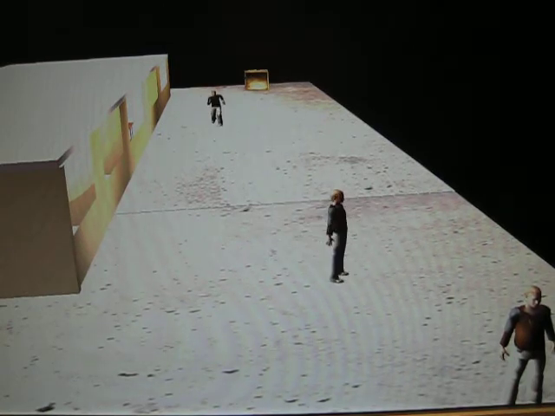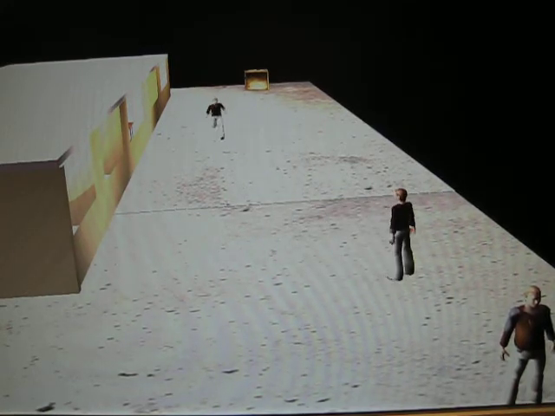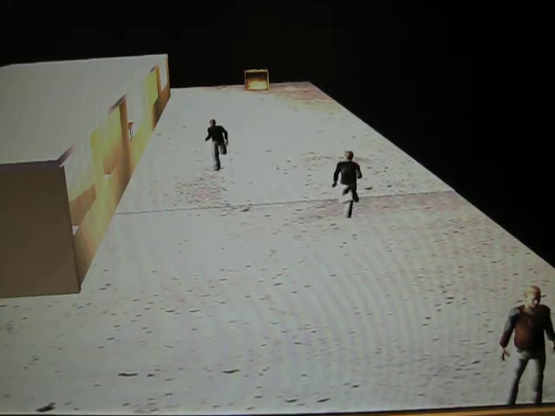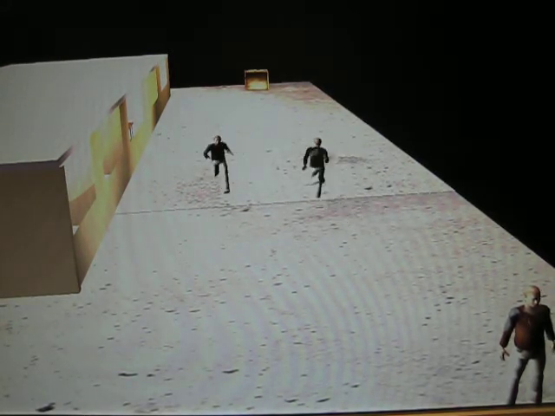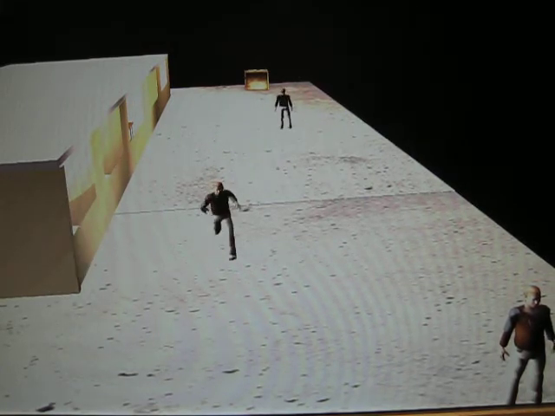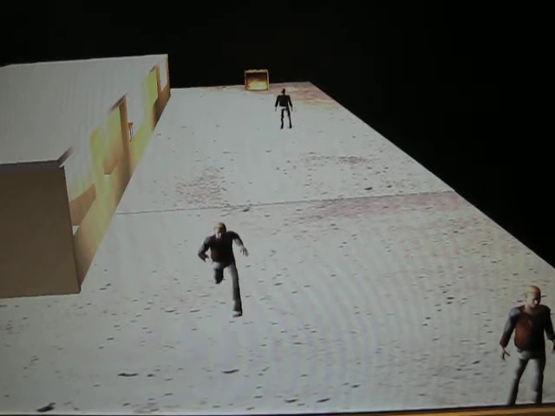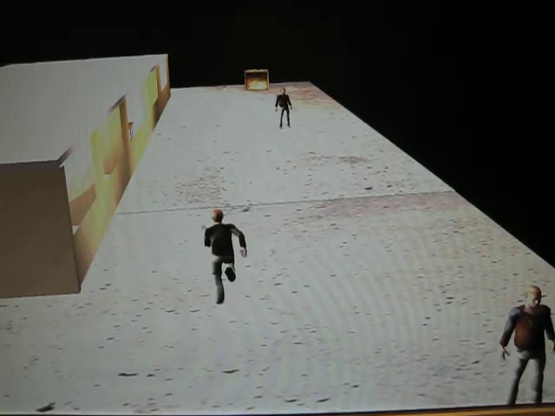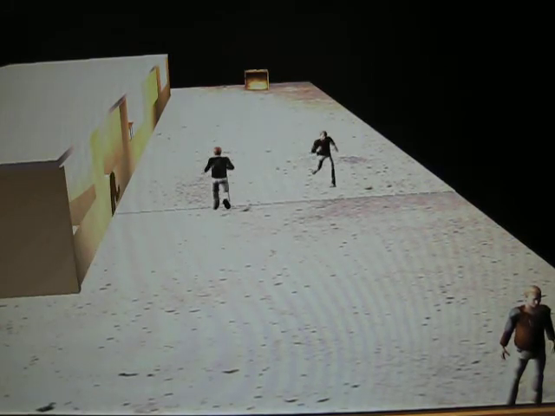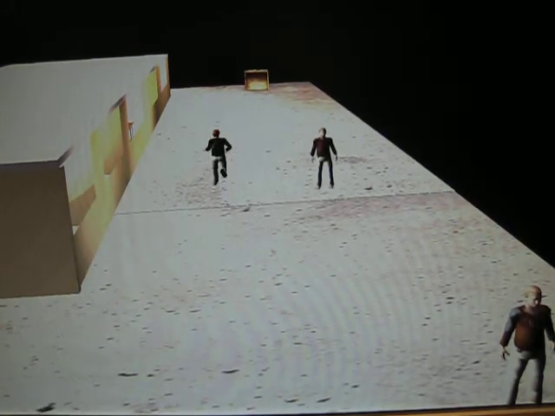When I say that there is an avatar of you, that means there is a human representation of you. This guy is doing the same things that you are doing. For example, now I'm using some keys to walk, so he's walking instead of me. In the virtual environment, obviously you need some sensors to control this guy.